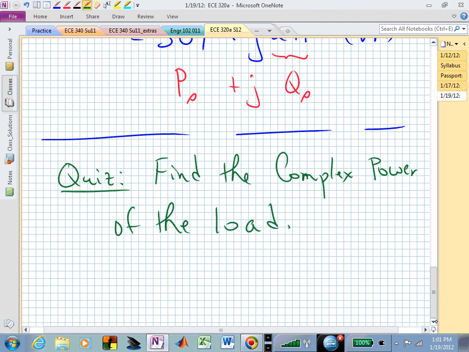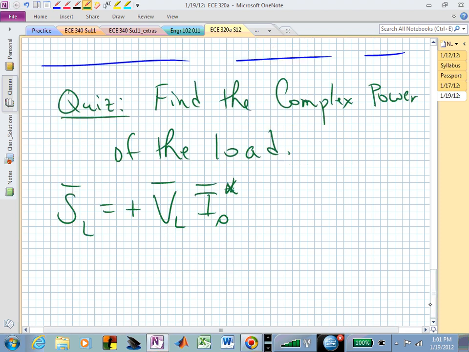In this case, I would say that the power of the load, sorry, I wanted to find it all, didn't I? So S sub L is going to be plus V sub L bar, I sub S bar star, and this is absorbed, where the plus sign is because the current as I've sketched it is going into the positive terminal as I've drawn it.